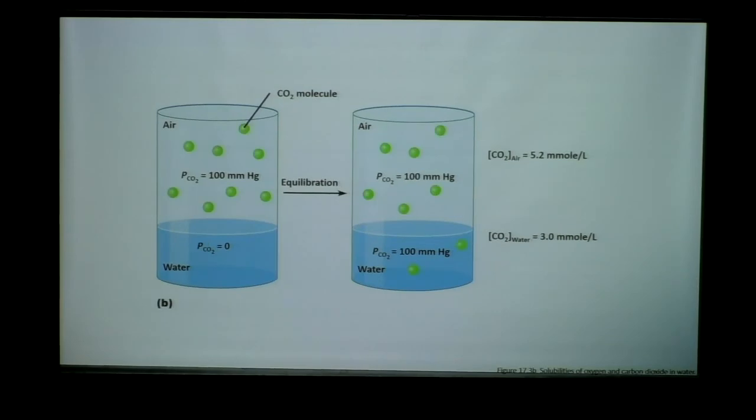And we can compare that to carbon dioxide. So again, the same kind of setup. We have a beaker exposed to carbon dioxide in the air. And if we allow time to equilibrate, the amount of carbon dioxide that dissolves into that liquid is much more than what we saw for oxygen.